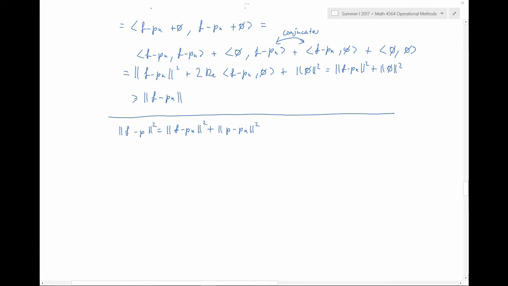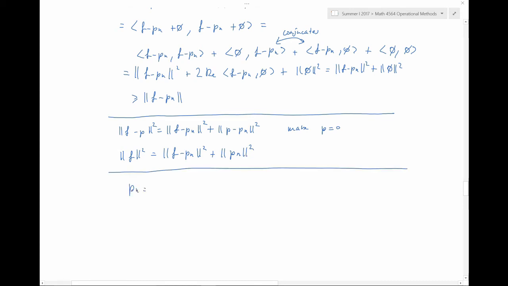By making p to be 0, we get that the norm of f squared equals the norm of f minus Pn squared plus the norm of Pn squared. As I said in the beginning of the proof, Pn should be the linear combination of the basis functions from your set.